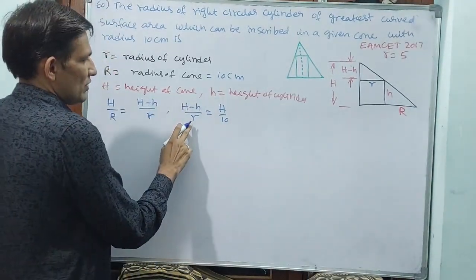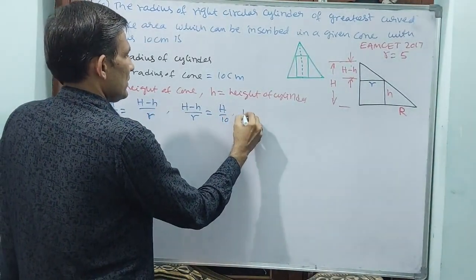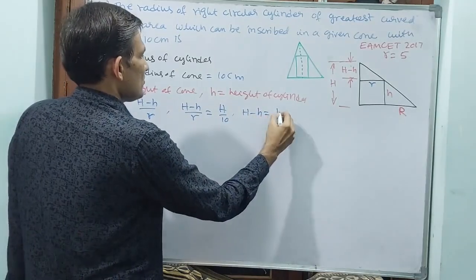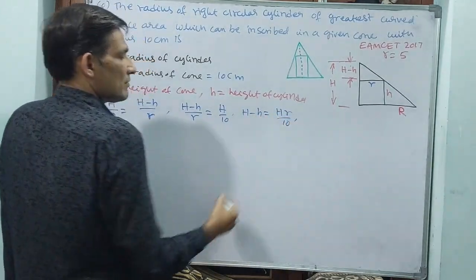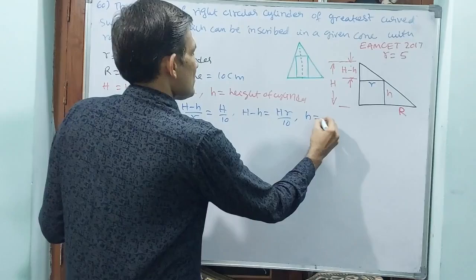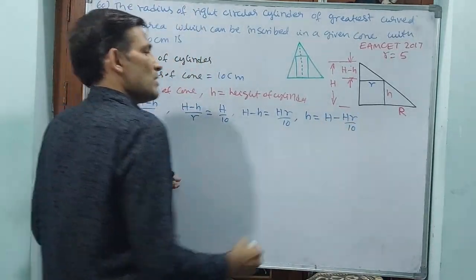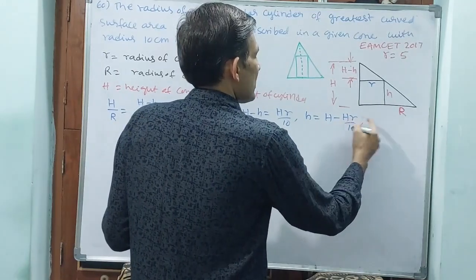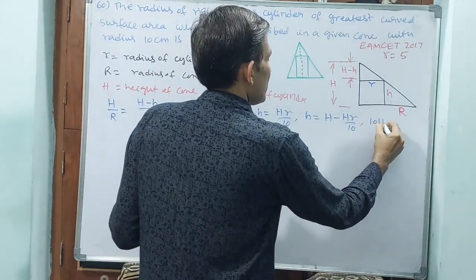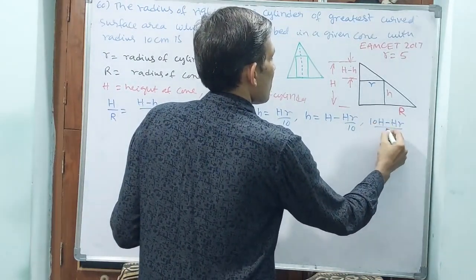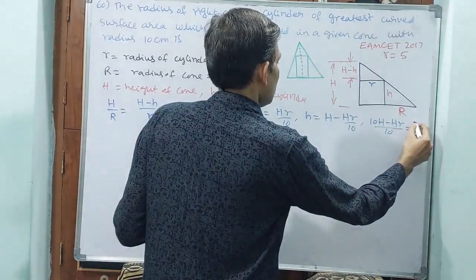Okay, see what I am doing now. Capital H minus h is equal to HR by 10. So h is equal to H minus HR by 10. So 10H minus HR by 10 is equal to h.